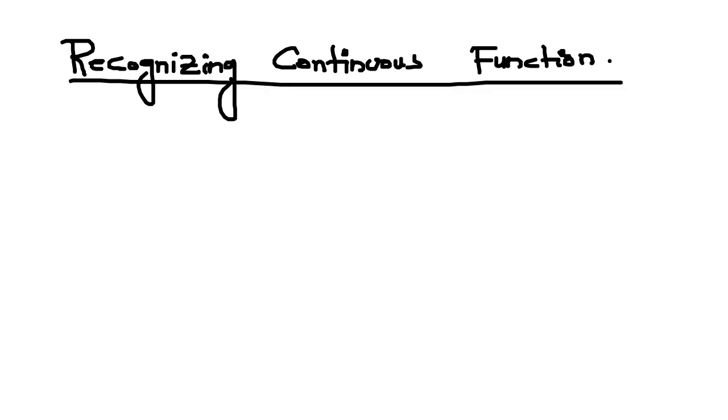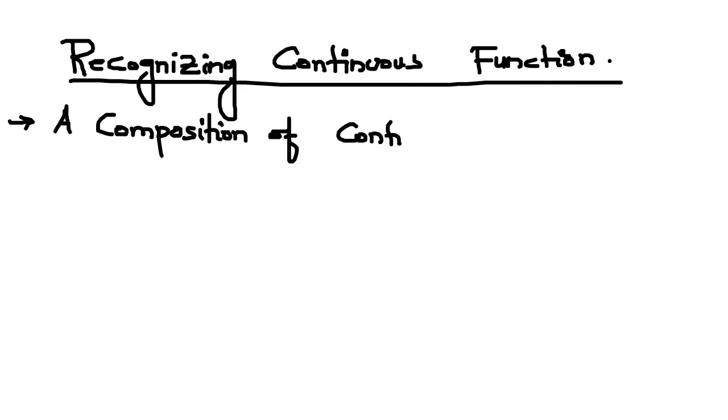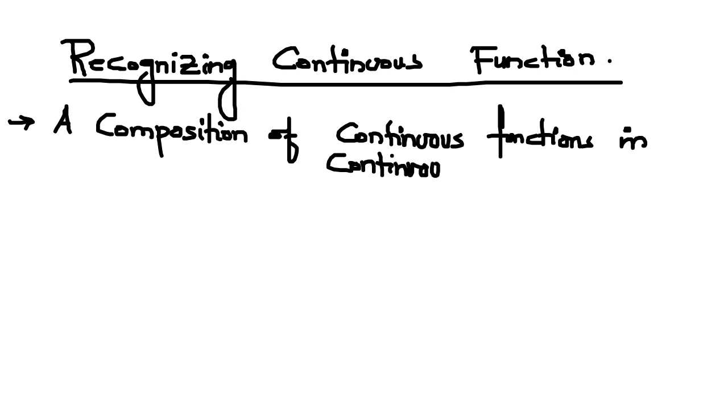So there are three basic recognitions of the function. The first one is that a composition of continuous functions is continuous, just like the second part of the last example.